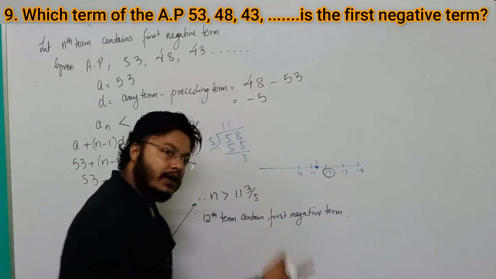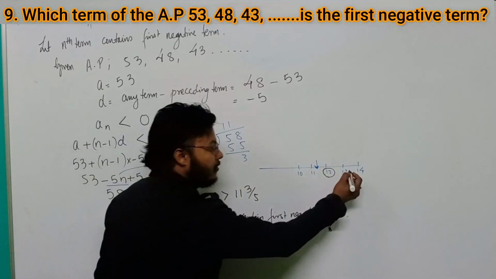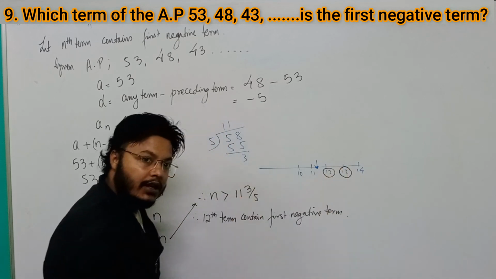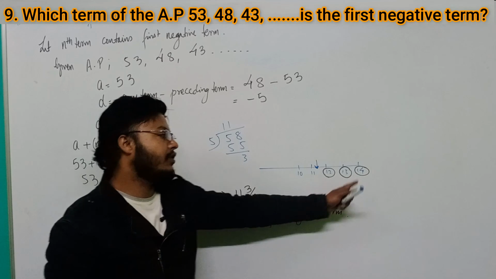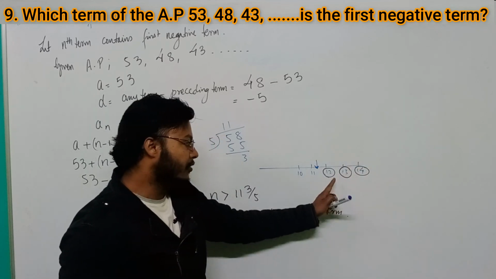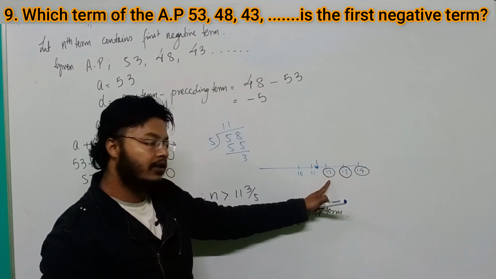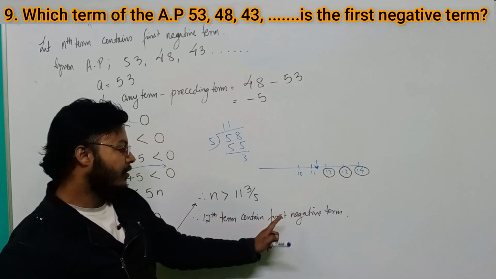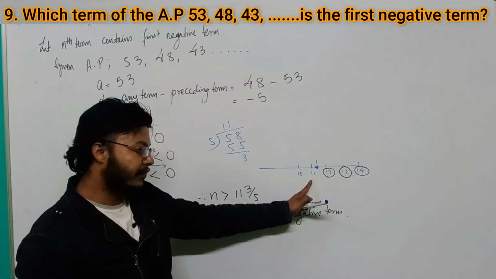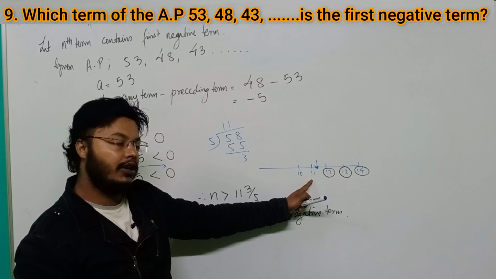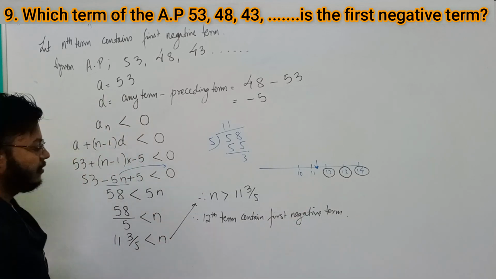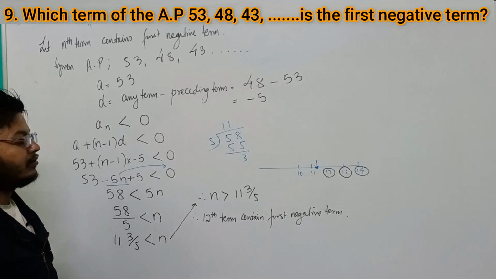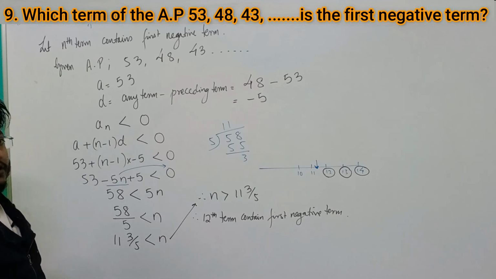So the 12th term also will be negative, the 13th term also, the 14th term also, 15, 16, all will be negative. But the first negative term is the 12th. In the 11th it's positive only. Hope you are clear with this. So this way we will find the terms.